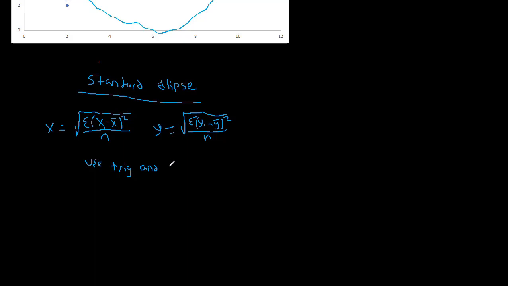We can use trig and linear algebra to orient the ellipse along the axis of the data.